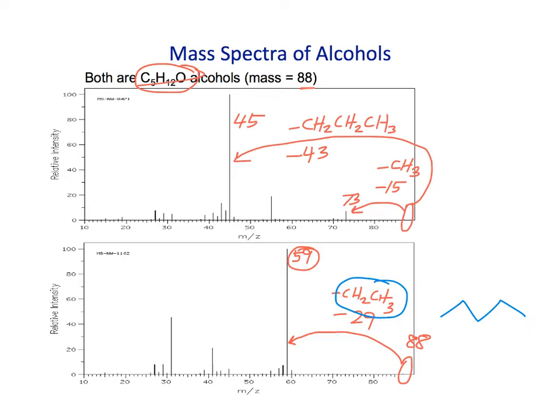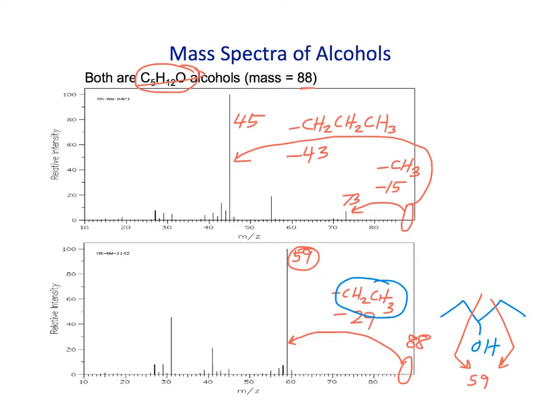Yeah? It'll be on the third carbon? Right. It'll be on the third one, the one right in the middle. Because if we put the alcohol here, if we cleave on this side and the charge goes to this side, we get this ion of 59. If it cleaves on this side, we get the same ion. Because we're only seeing one main fragmentation, it suggests that maybe this is symmetrical and we put the OH right in the middle.